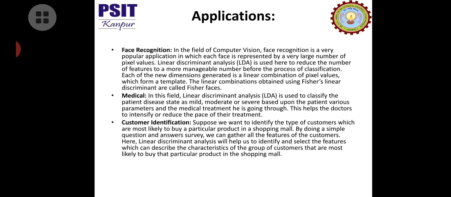First we ask simple questions, a kind of survey. Now we come to know that this customer is interested in this product, and what features are required of those who purchase it. So LDA will help us to identify and select the features.